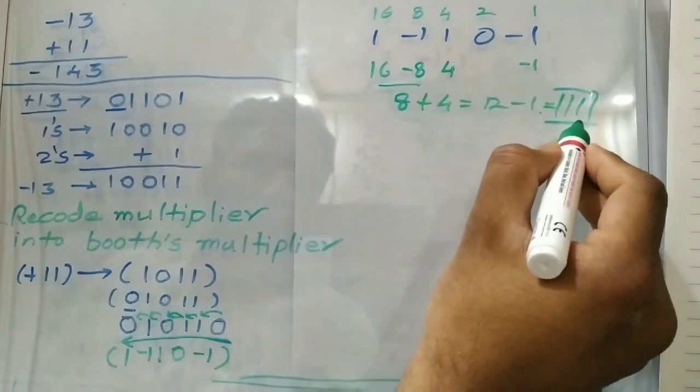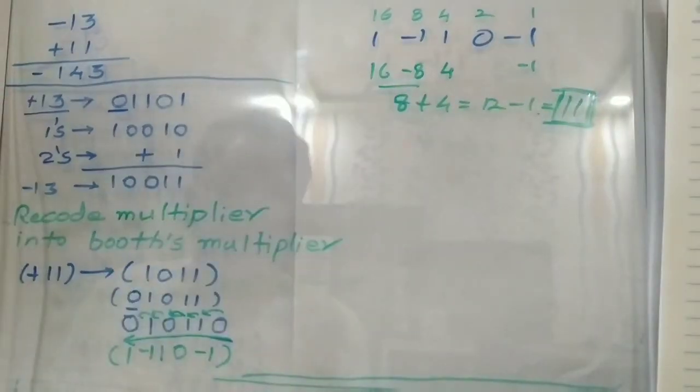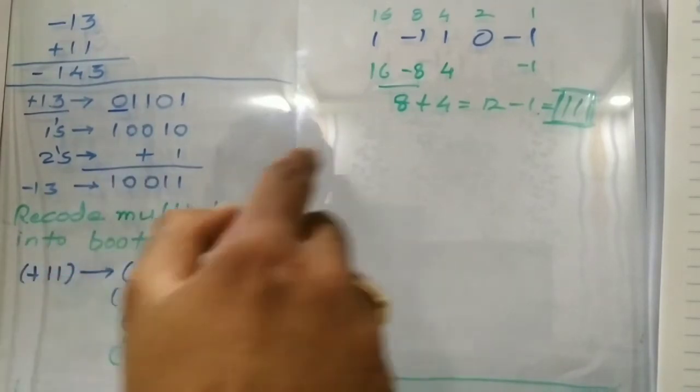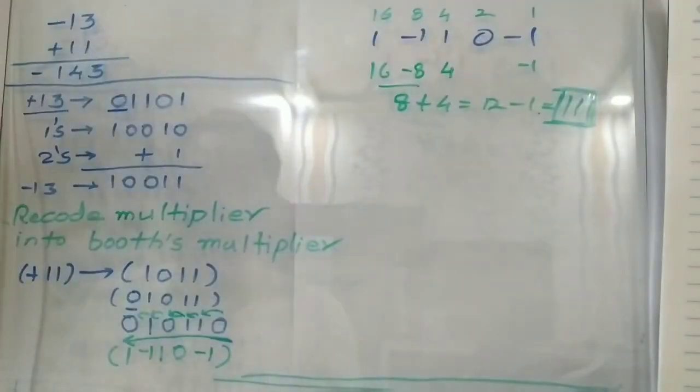So you can check our multiplier is 11. So we are not changing our number. What we are doing is changing the form. The 1 0 1 1 is also 11, and 1 minus 1 1 0 minus 1 is also 11.